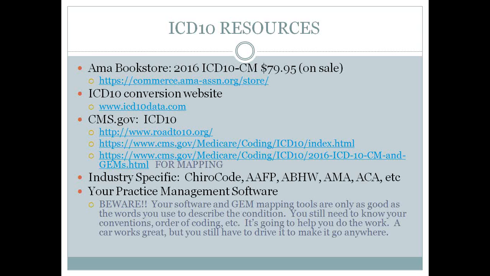The last one, the one that ends in 2016, ICD-10 CM and GEM. GEM stands for General Equivalence Mapping. This is a mapping tool within CMS that will allow you to map over your codes if they can be mapped.